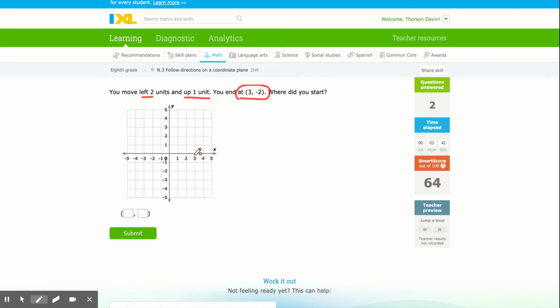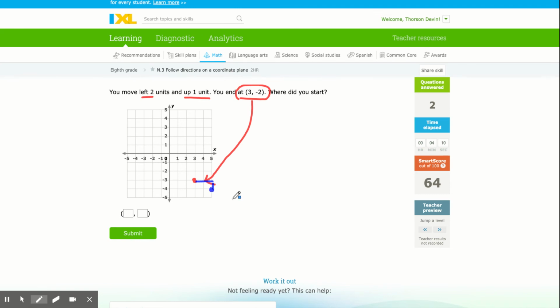So in other words, if I go over 3 and down to -2, that's this point right here, okay? And I got there by moving left 2. Now be careful. I moved left 2. So to undo that, I would actually have to move right 2. And I moved up 1. Well, if I moved up, to undo that, I would have to go down.